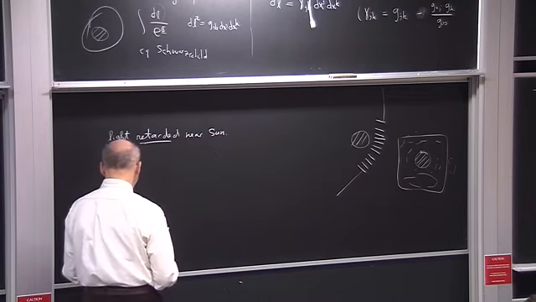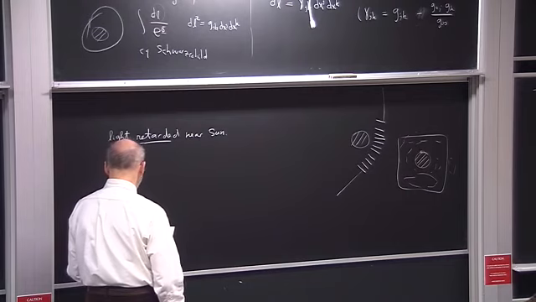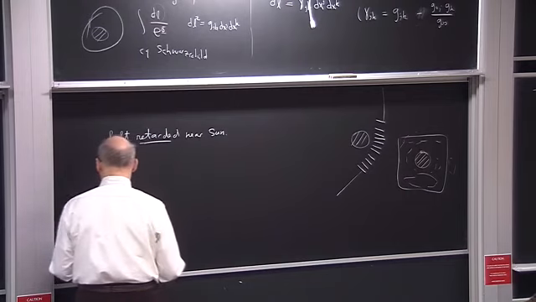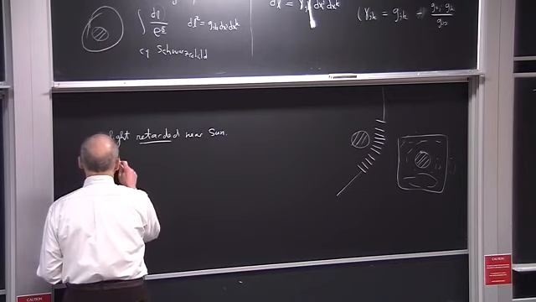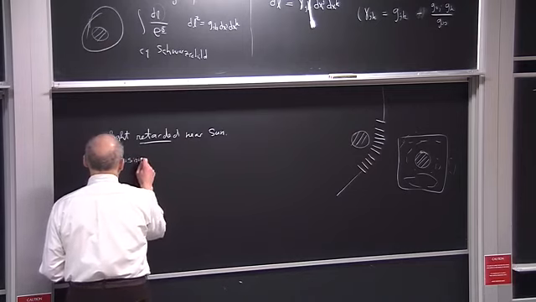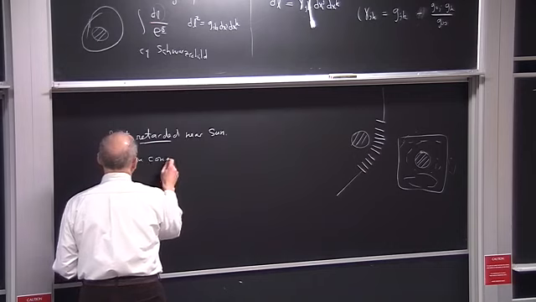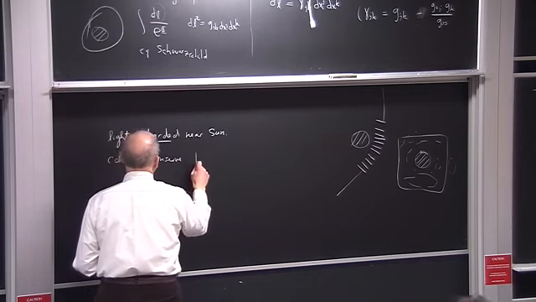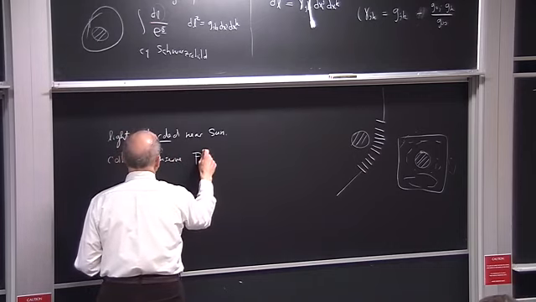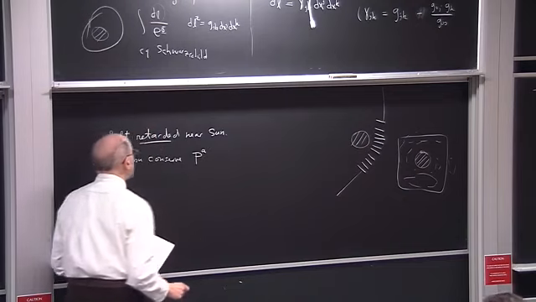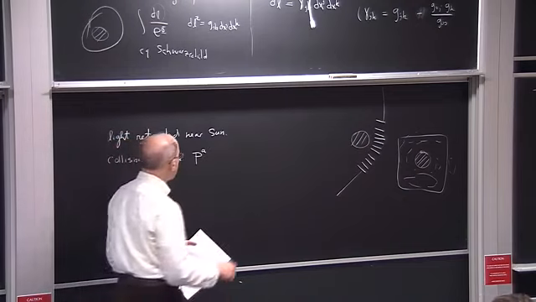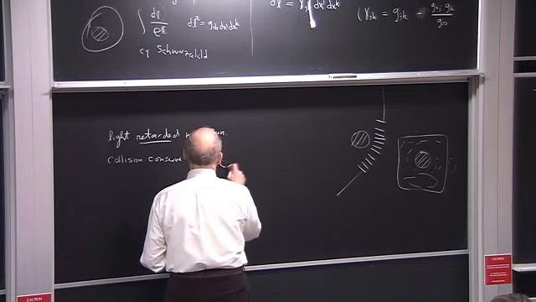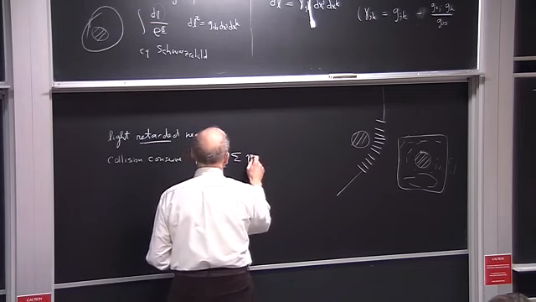Now, I have to remind you of some things, but first notice, or we'll assume if you like, that collisions conserve four-momentum, P^a. This is supposed to be a capital P. That is to say, the sum of all the individual momenta.